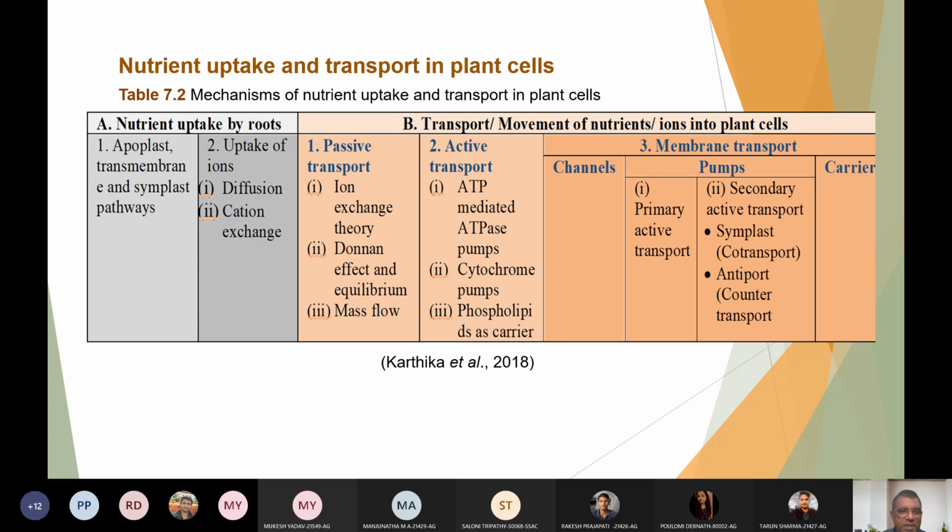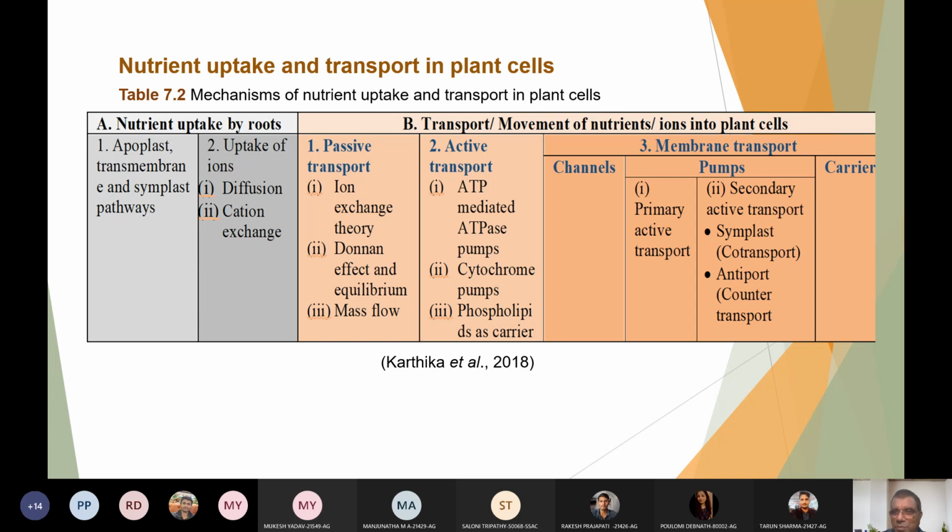Membrane transport is again by three different mechanisms: through some channels, through some pumps, through some carriers. These are the language of plant physiology or biochemistry, which we need to understand: what is a channel, what is a pump, what is a carrier. Under membrane transport, we got three different mechanisms: channels, pumps, and carriers. In pumps, we have primary active transport and also secondary active transport.